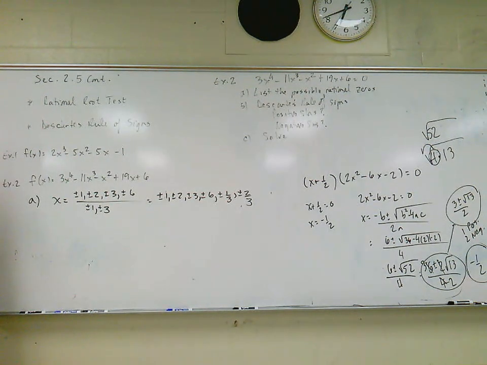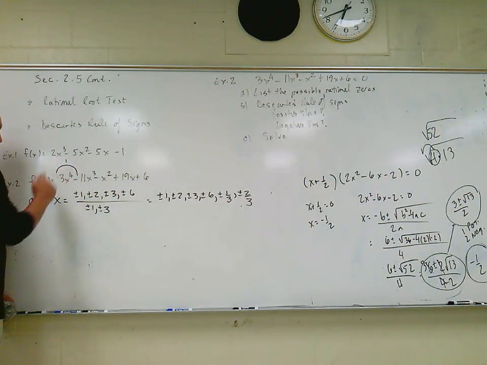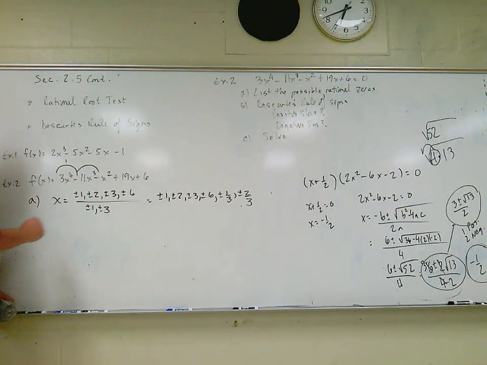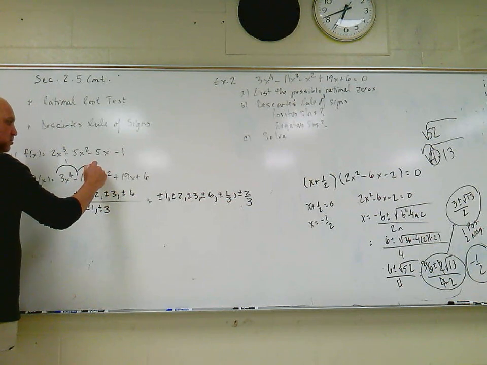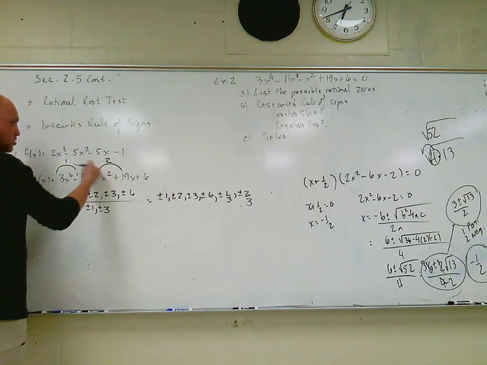Okay? All right. Now, let's just look at Descartes' rule of sign. So let's see. How many times does the sign change? 1, right there. This is not a sign change. What else? Negative to positive. So how many times? 2. Does everybody see there's 2 sign changes?